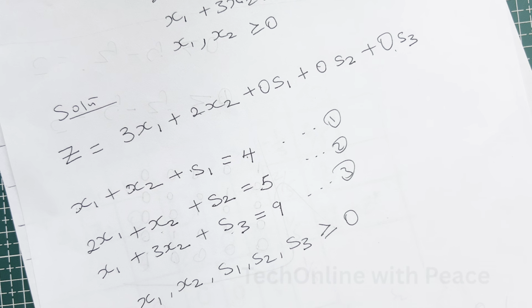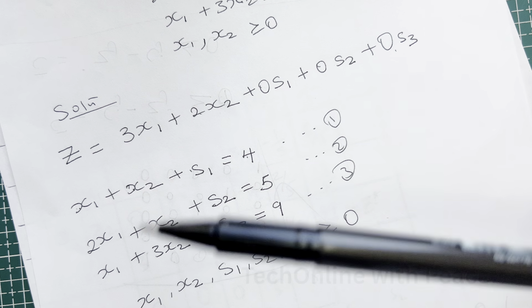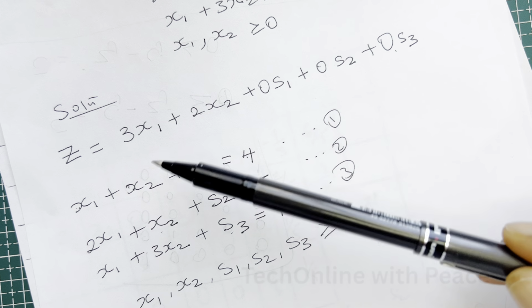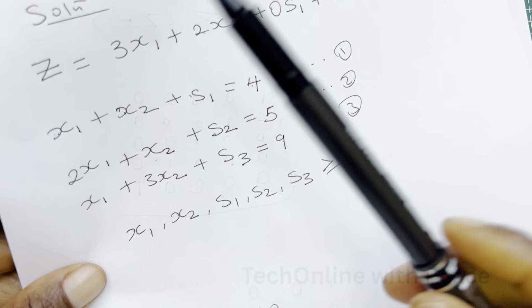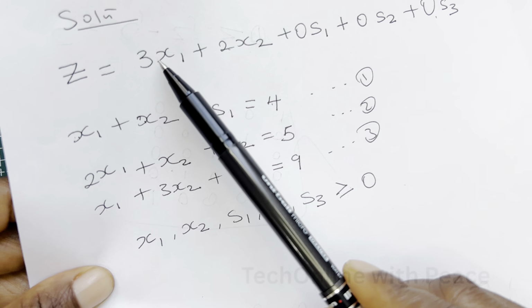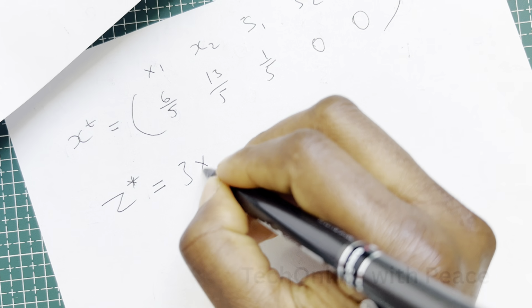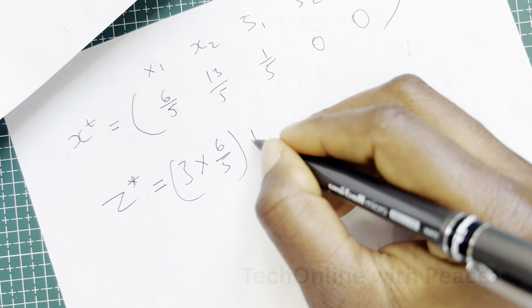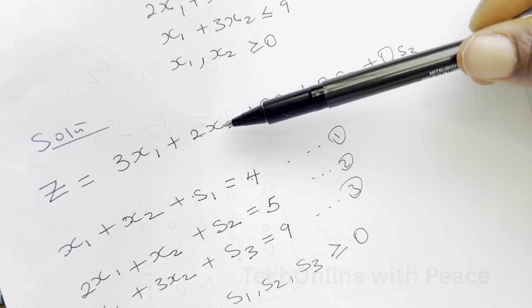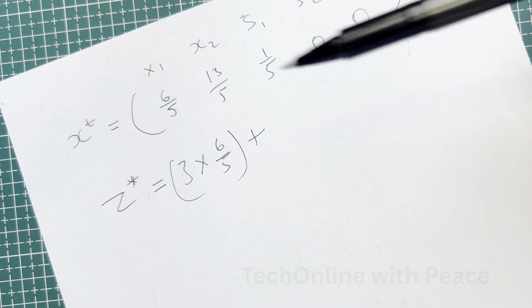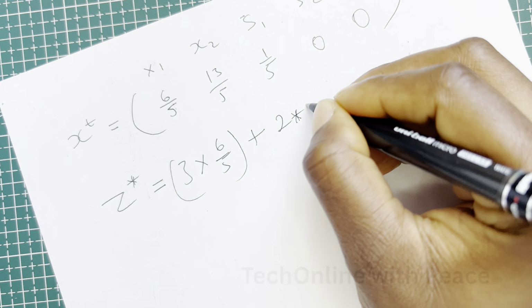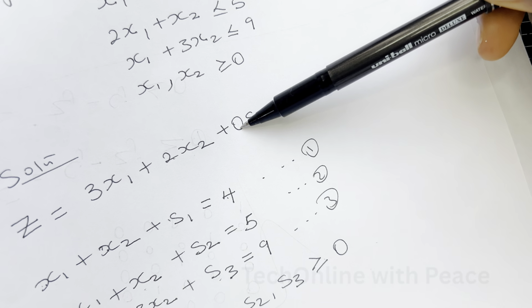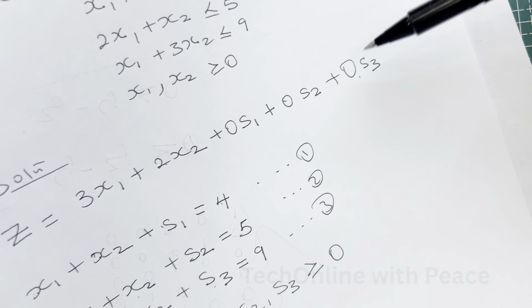We substitute all the values we got in our x transpose. So we have 3 times 6 over 5 plus 2 times 13 over 5 plus 0, 0, 0.